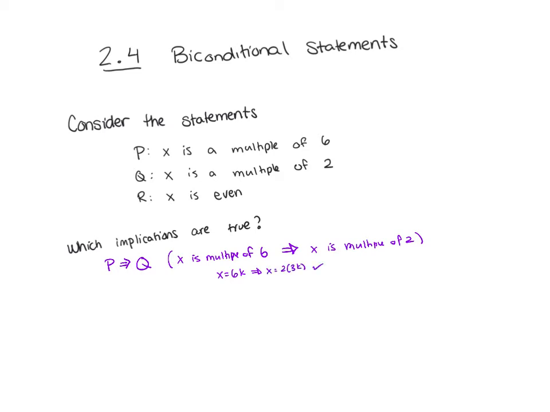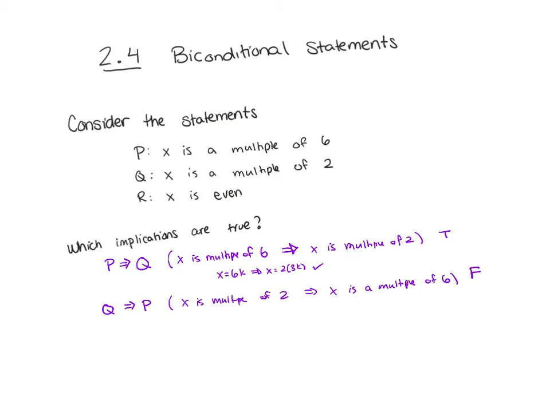So it is true that X is a multiple of 2. So that one's true. Going the other way, Q implies P. I would have X is a multiple of 2 implies X is a multiple of 6.